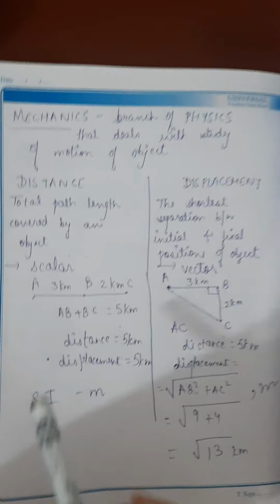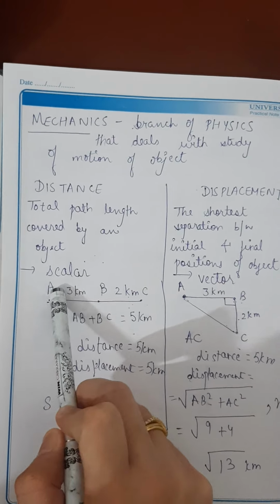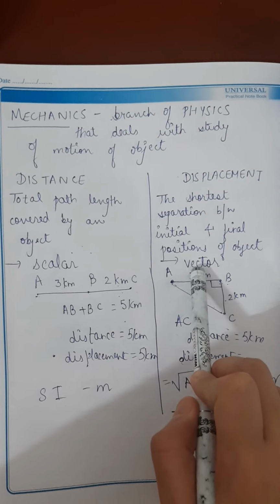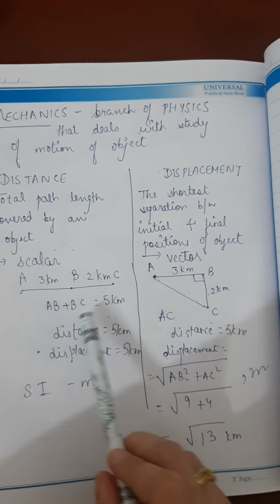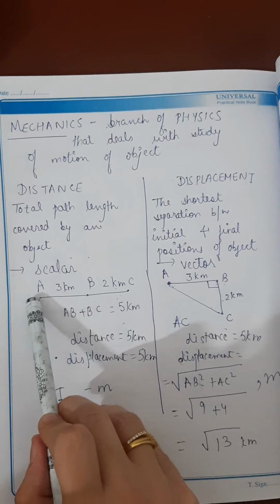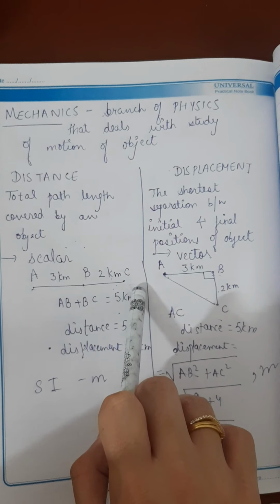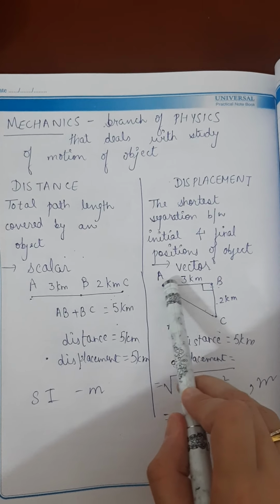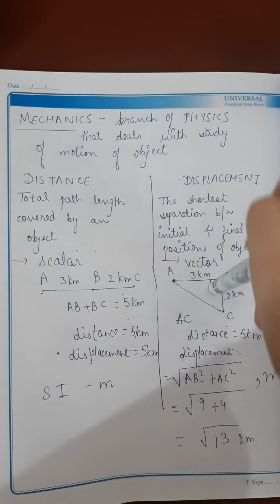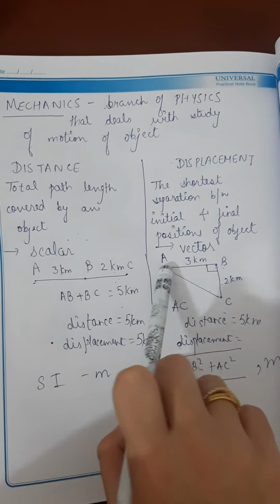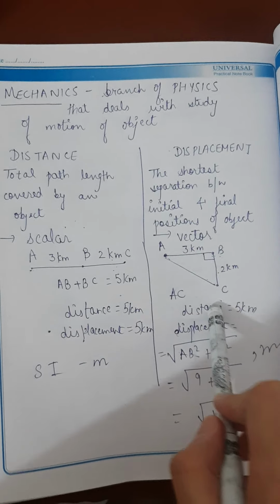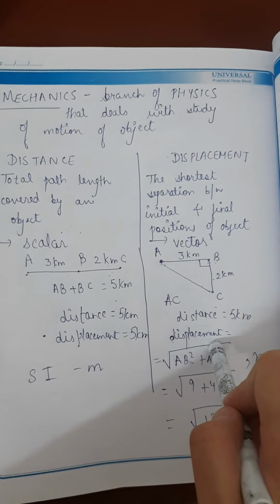Now distance is a scalar quantity whereas displacement is a vector quantity. How will you explain this? You can take these examples again. Here the object is making a straight line motion. Here the object first makes straight line motion and then it turns. Firstly the object is moving straight and at point B it makes a turn.